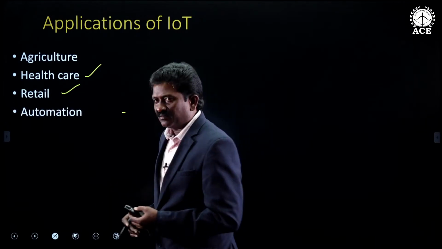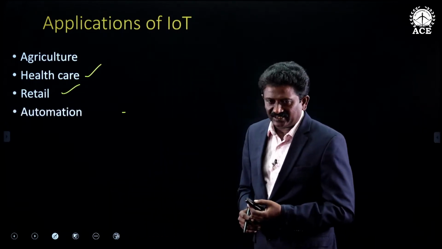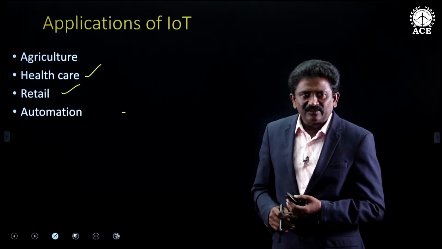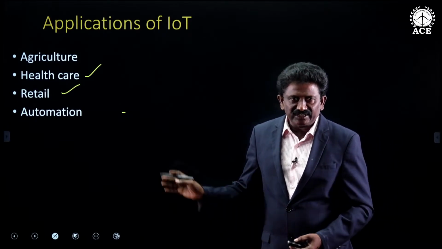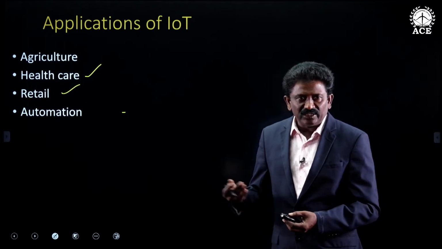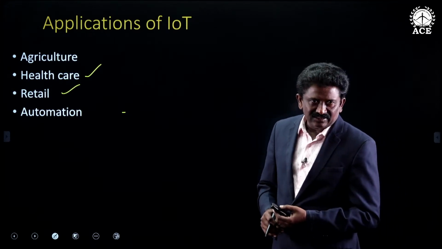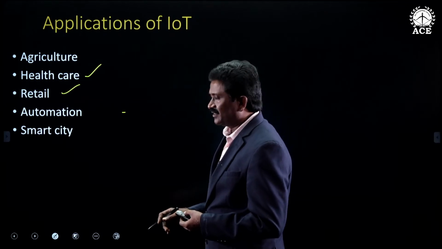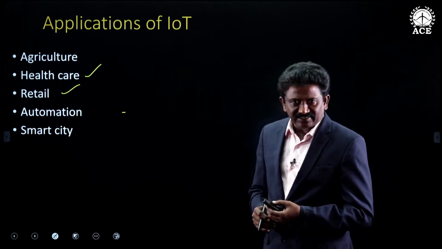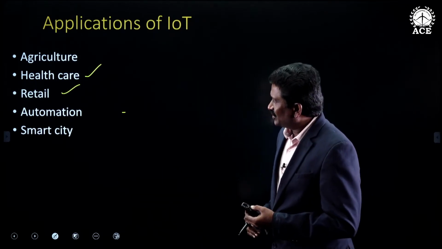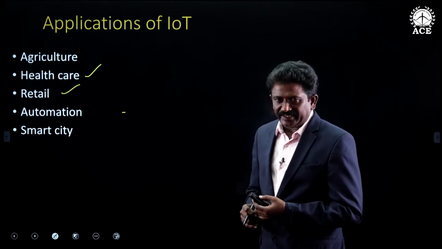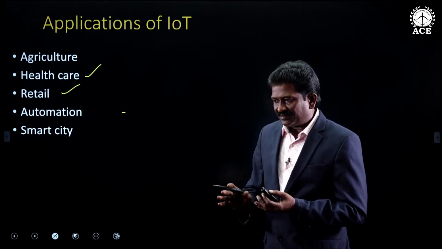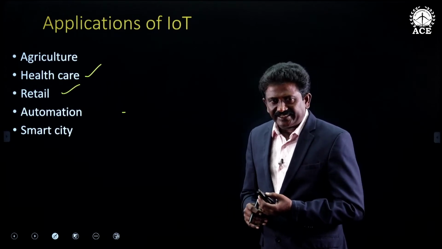Next, automation. Our mechanical devices, for example vehicles. Using IoT devices, we are able to create autonomous vehicles. Next one, smart city. With the help of IoT devices, we are controlling entire situations in the cities.